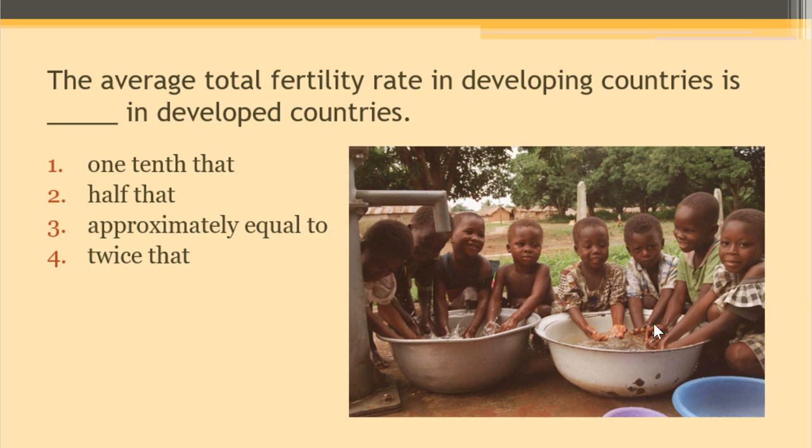Well, it turns out that the average total fertility rate is twice in developing countries what it is in developed countries. Remember I said that in sub-Saharan Africa it's like 4 or 5, right? In India it's 3, 4. In Europe, sometimes it's less than 2. In the United States, it's 1.8, 1.9, right? And so you've got that big growth. This is what's contributing to that huge growth in developing nations that we talked about last time.